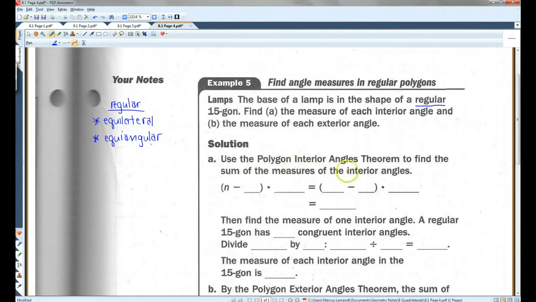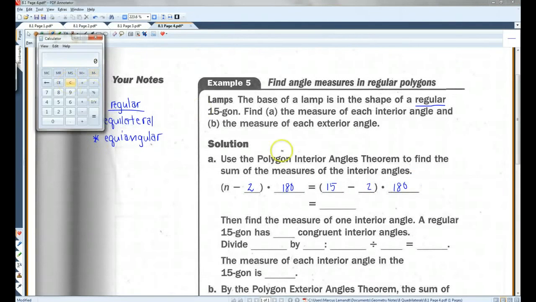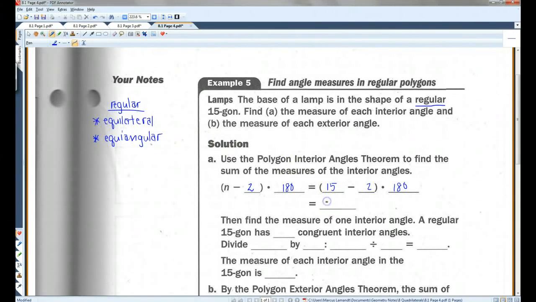Use the polygon interior angle theorem to find the sum of the measures of the interior angles. Okay, so we know our equation, n minus 2 times 180. In this case, n is 15. 15 minus 2 times 180. I'm going to use a calculator for this. 15 minus 2 is 13. 13 times 180 is 2340. Then find the measure of one interior angle. A regular 15-gon has 15 congruent interior angles.